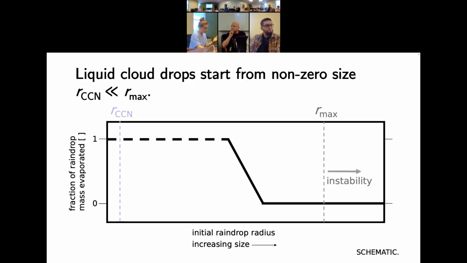And also, because liquid water homogeneously nucleates only at very, very high supersaturations, we can also say that drops are going to start from some non-zero size from a CCN, much below this instability threshold.